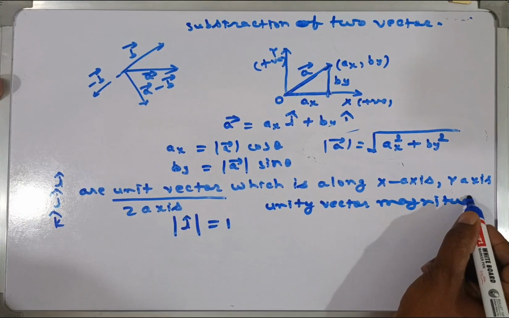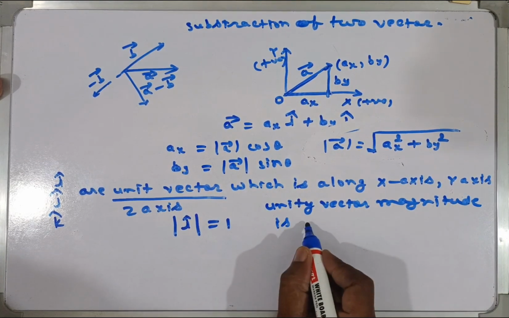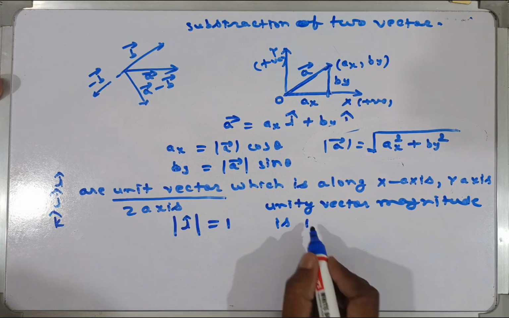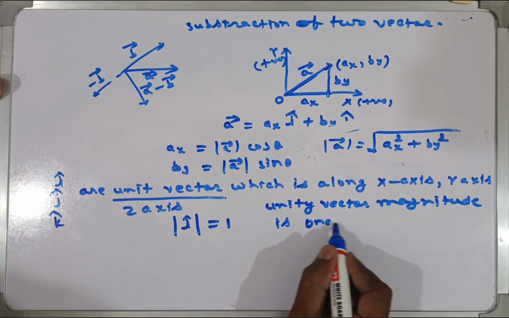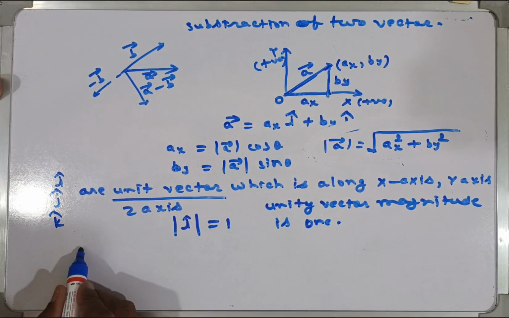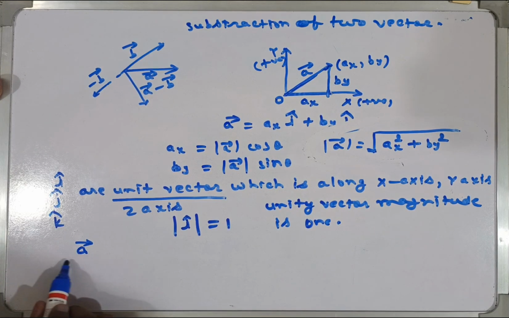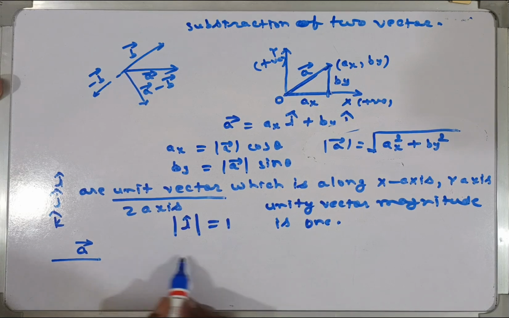So unit vector magnitude is 1. Okay guys, next one, if you want the unit vector of a vector a, we can write it like this.